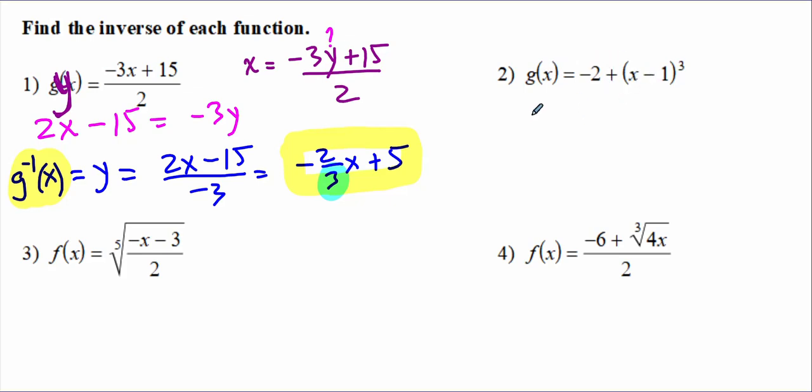So this is going to be x equals negative 2 plus y minus 1 to the third. Again, I renamed this into letter y and then switched from here to here.